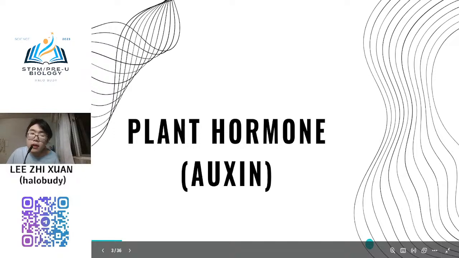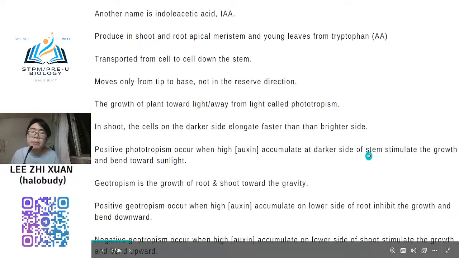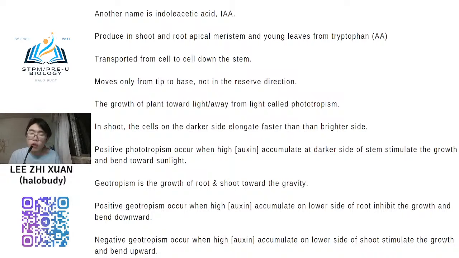I think the auxin hormone is very famous and familiar to you guys, because you already learned it in SPM too. As you know, auxin plays a major role in growth, and there are 2 types of mechanism it can respond to: either the light or the gravity.